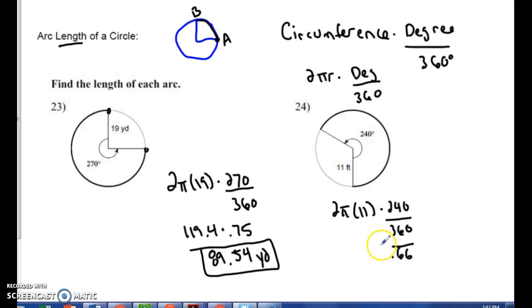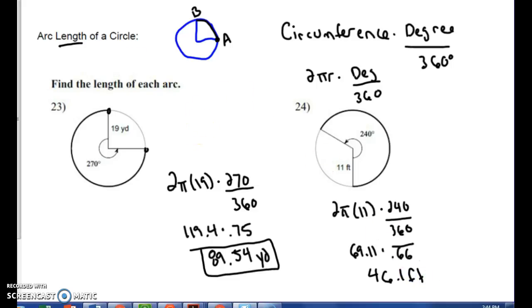So I'm going to multiply that by 2 pi times 11, which is 69.11 feet. So when I multiply those two together, I get the distance traveled to be 46.1 feet.